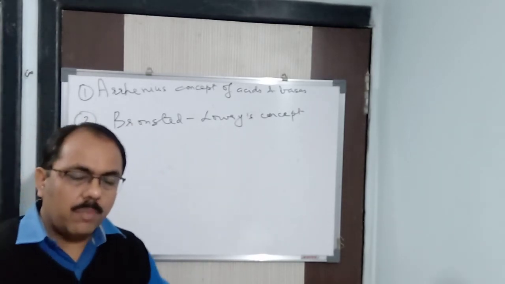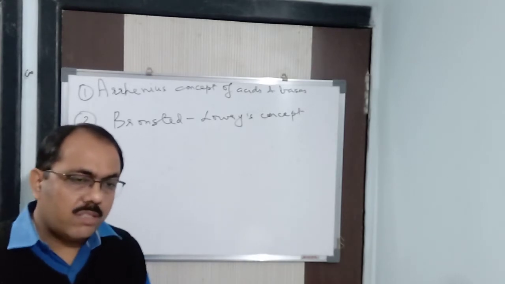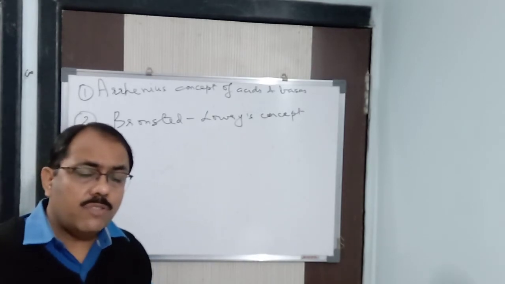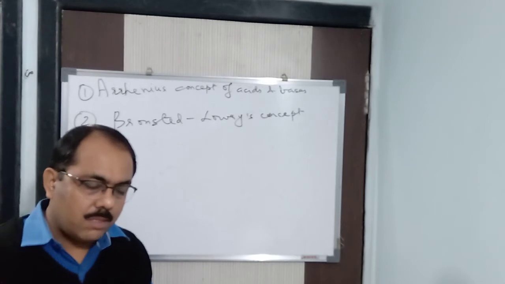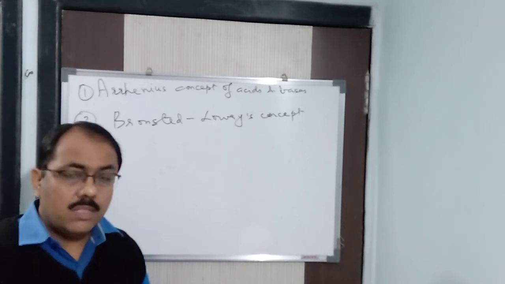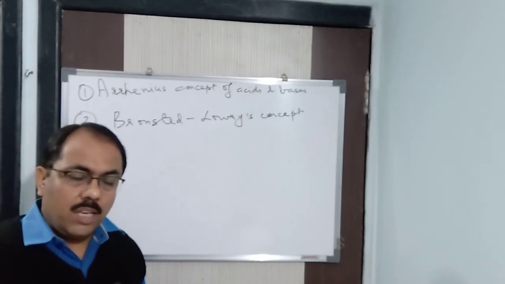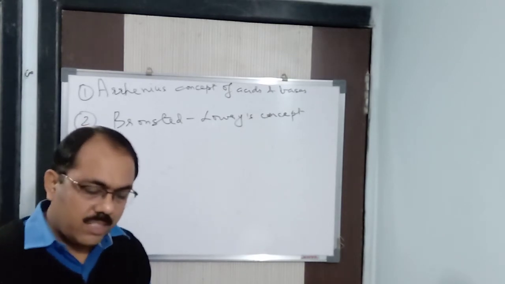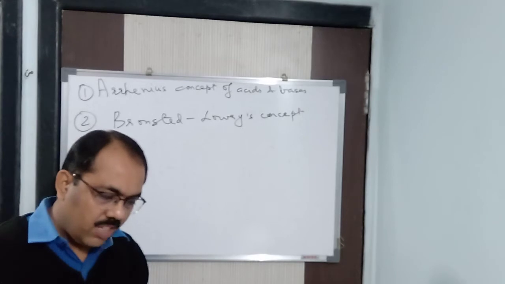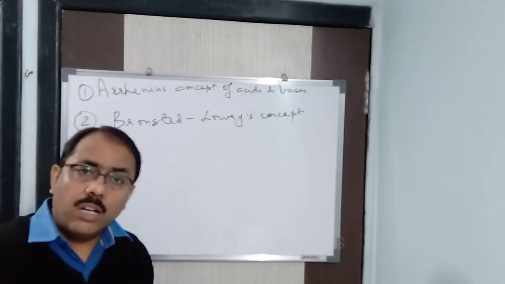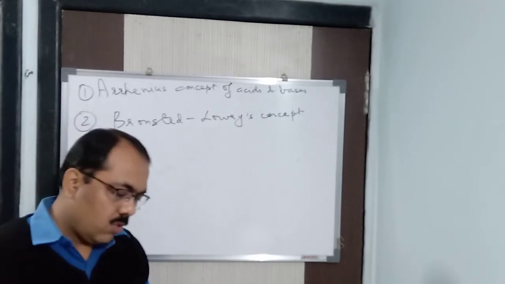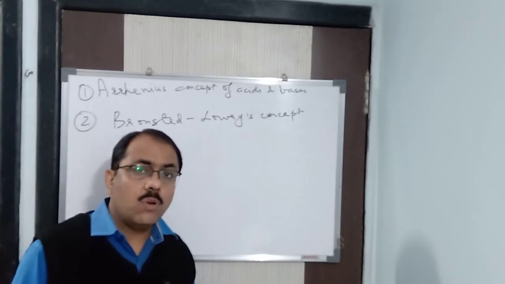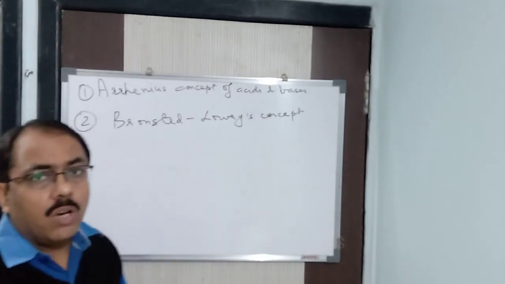Now it becomes a little bit wider. Whatever substances were not included in acids and bases in Arrhenius were added to the list of acids and bases in the Bronsted-Lowry concept. So what I said is that an acid is a proton donor and a base is a proton acceptor.